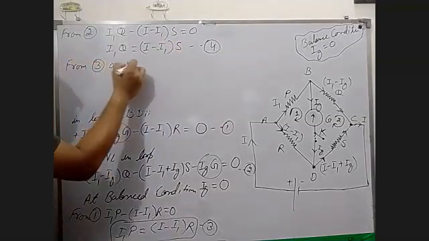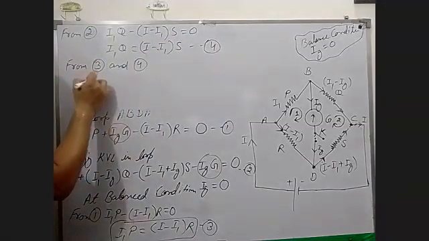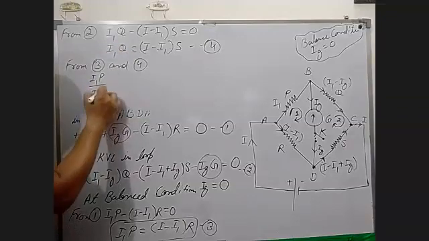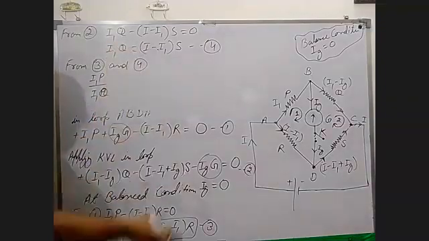Now from third and fourth equation, I1P upon I1Q. Divide equation 3 by equation 4.